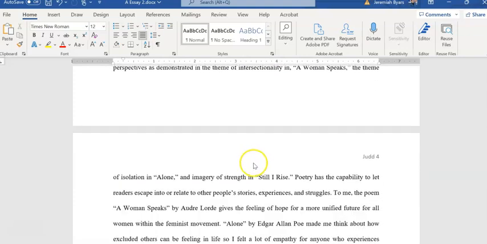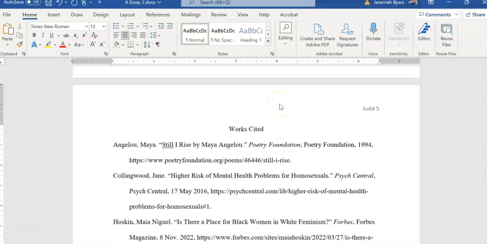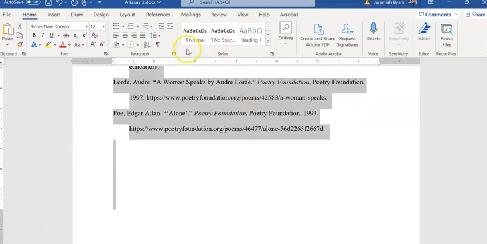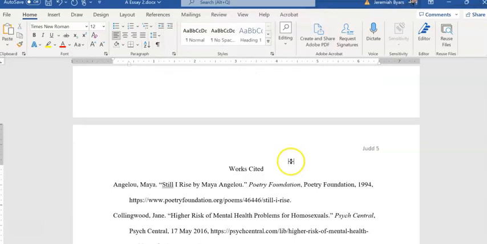I don't see where there's any difference in before and after. Let's see if it changes at all when I do this. 0, 0, and double. 0, 0, double is the way it should be. Yeah, no difference.